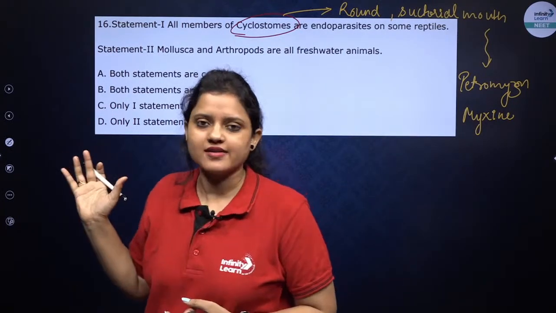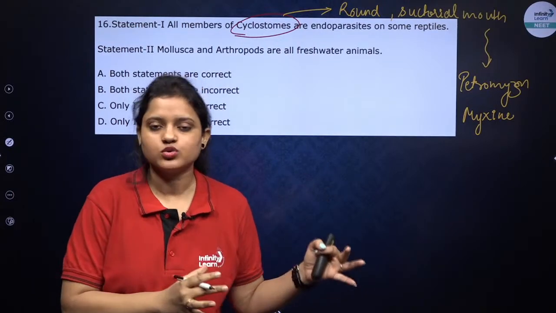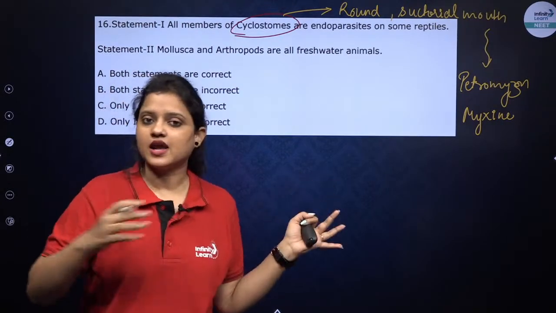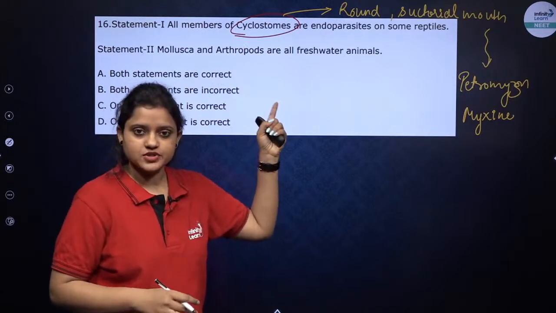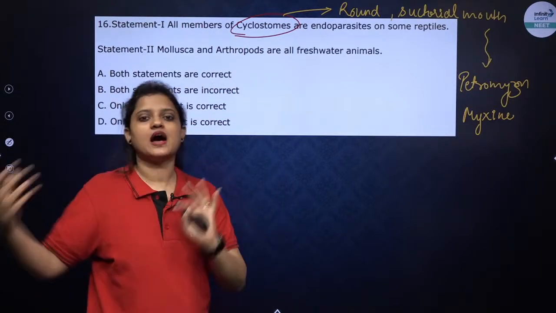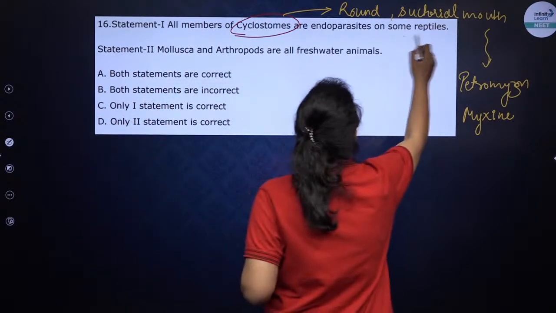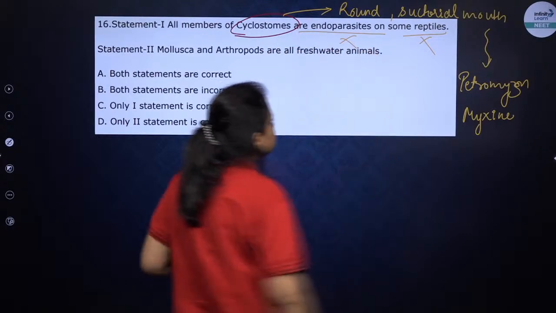So these organisms, they don't have jaw. Okay, they don't have jaw. So these are also known as agnatha. And these organisms, cyclostomes, they are ectoparasite on large fishes, right? And not on reptiles, and they are not endoparasites, right?